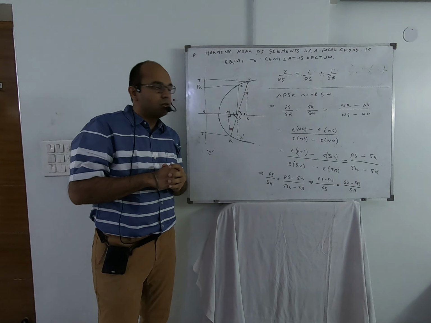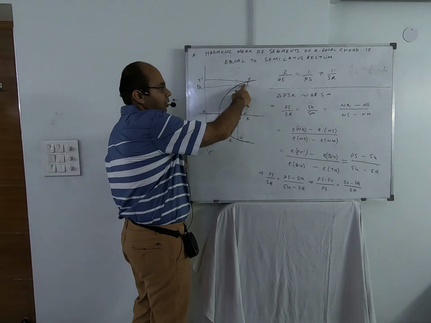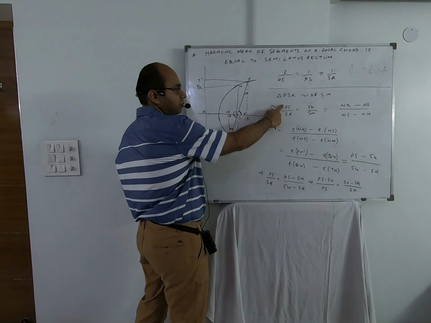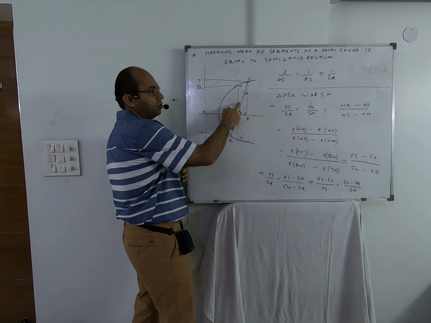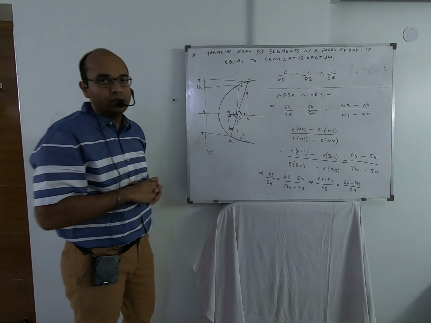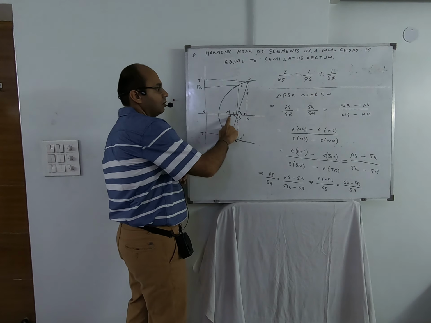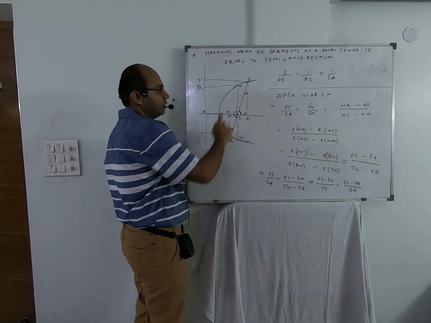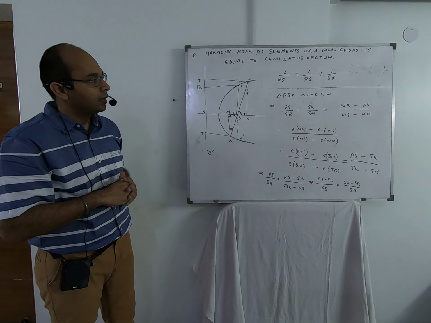Now using the condition of similarity, I can say the ratio PS upon SR, where PS is the line segment opposite to 90 degrees in this triangle and SR is opposite to 90 degrees in this triangle, must be equal to SK over SM. SK is opposite to this angle and SM is opposite to this angle.